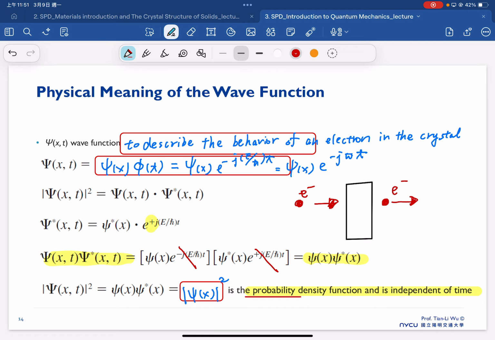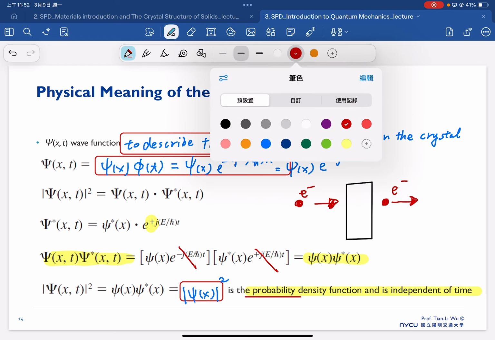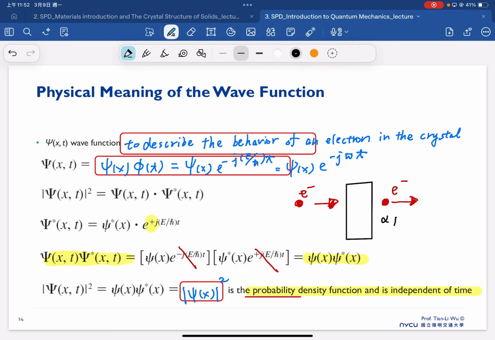But how do we estimate this? The electron can only be considered as a probability. So that means once we have an electron jump over the barrier, that's what we call the tunneling, reaching the other side, we cannot accurately determine how many electrons are here.